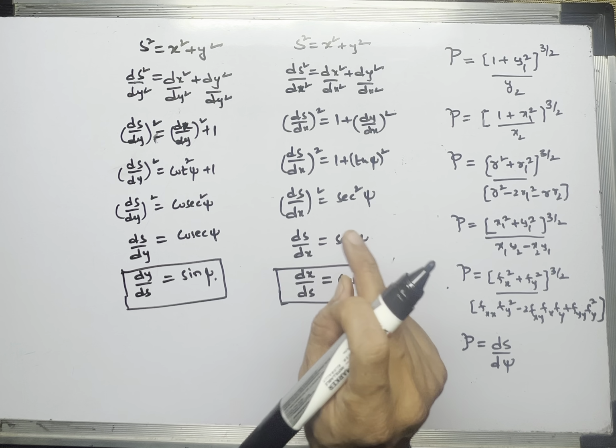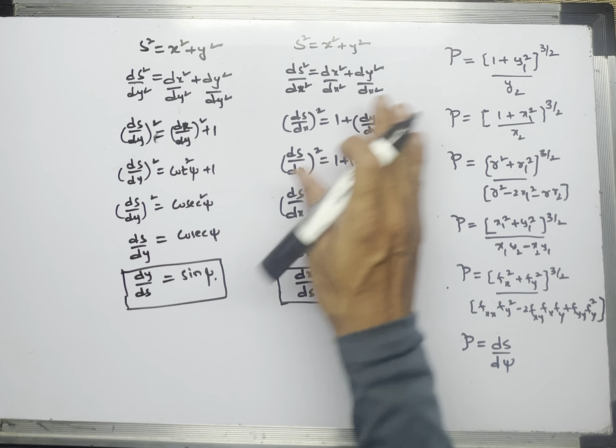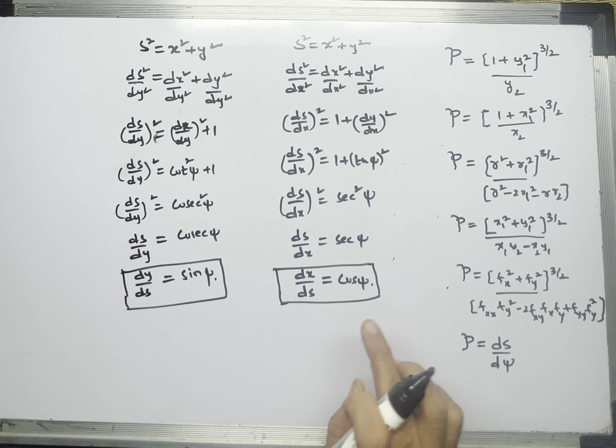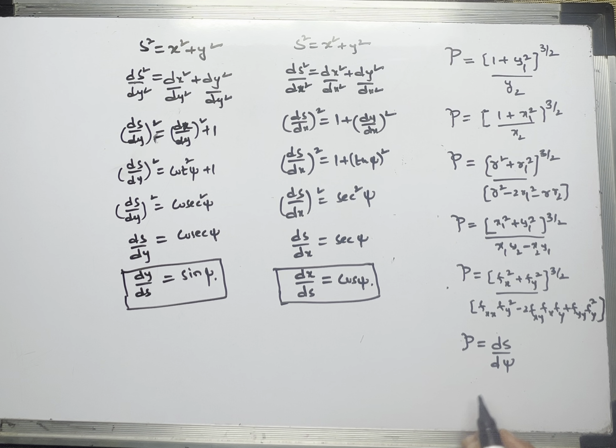If you apply derivative and divide by dx square you get one function, and dividing by dy square you get another. So you can also remember dy by ds equals sin psi and dx by ds equals cos psi.